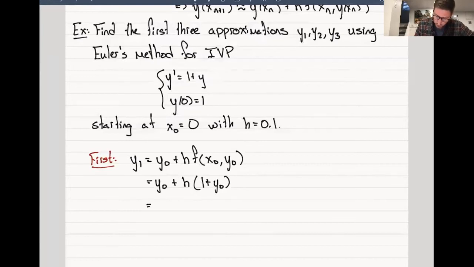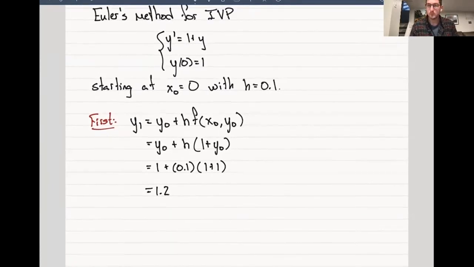So I get 1 plus, now putting in h is 0.1, 1 plus 1. And so I get 1 plus 1 is 2. 2 times 0.1 is 0.2. And then plus 1 here is 1.2. So we've advanced from 0 to 0.1. So we did one step into the future.